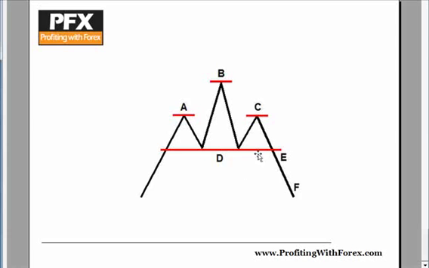And on these reversal patterns or on the continuation patterns, one thing that I do want to point out that is not drawn on these charts is after it breaks through this support level, oftentimes what will happen is it will come back up and retest that support level, which is now a resistance level.